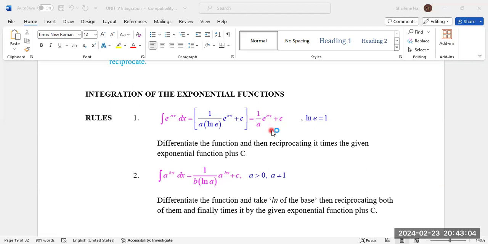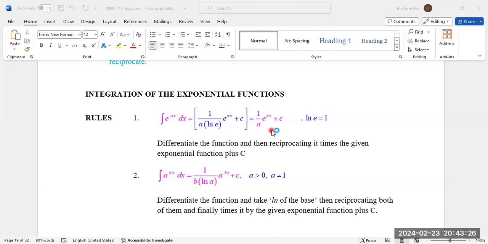So the integral of e to the ax dx, and I want you to pay me attention, is going to be the differential of the power, which is a, and I'm going to reciprocate it.